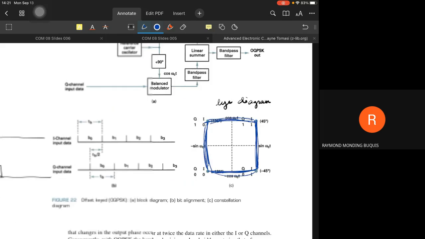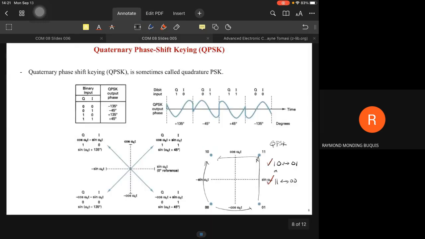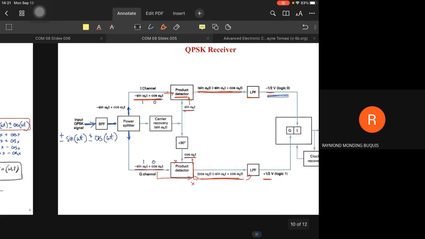All right? No? So, I hope that's clear. Conceptually, muna siya ang kakahappen, no, sa offset QPSK. So, if that's over, pwede natin mag-move sa next.